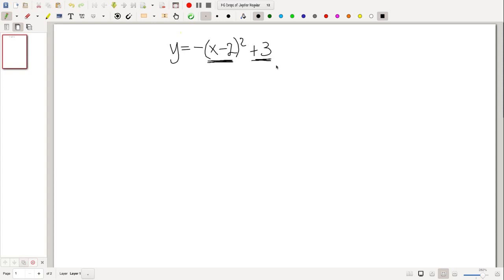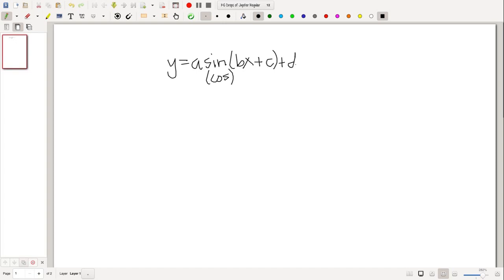Well, we're going to take that same idea today and put it with the sine and the cosine graphs. So the form that we're going to be looking at is y equals a times the sine, or remember, we are looking at cosine as well, of bx plus c, plus d. Okay?